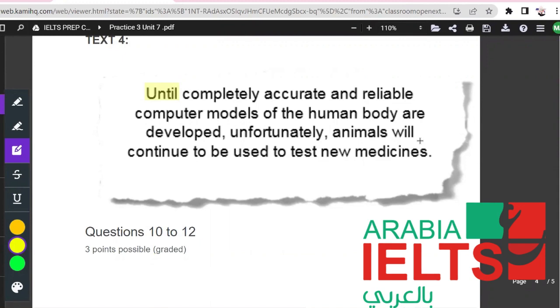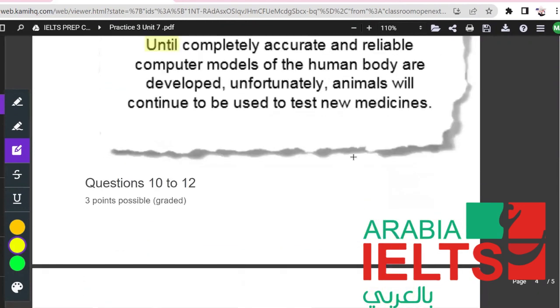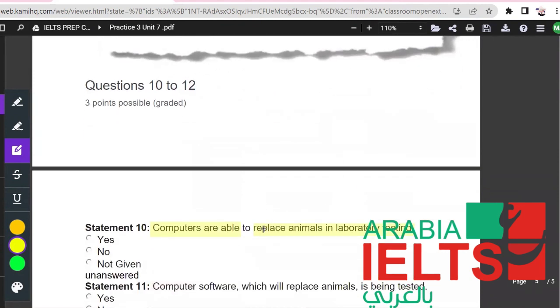This means we cannot replace the animals by computers until now. Yeah, exactly. The keyword is replace. Replace is the opposite of all these things. Exactly, so the answer is no. This disagrees with the writer.